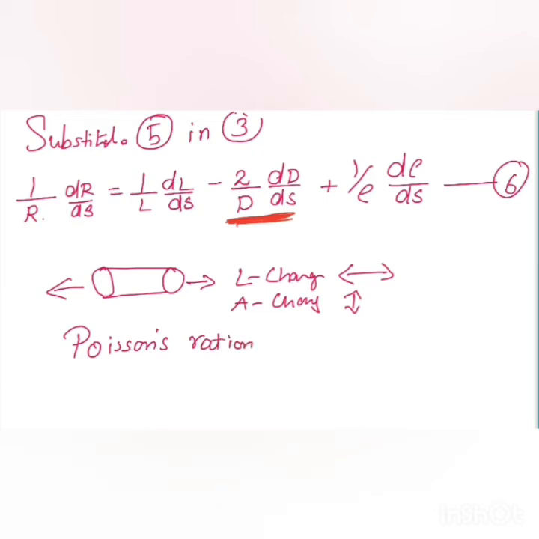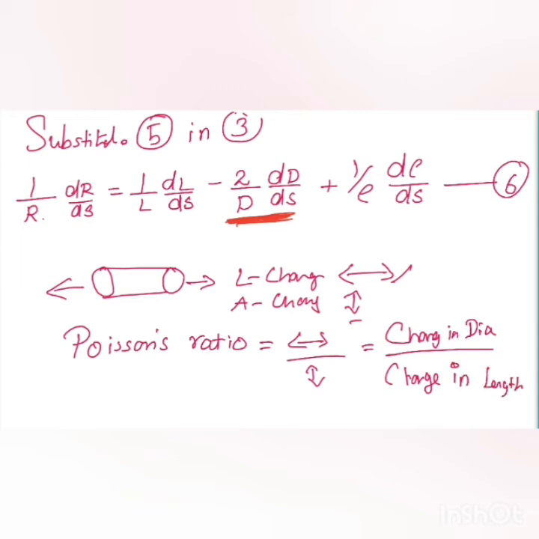Poisson's ratio is this divided by this, that is change in the diameter divided by change in length. You can say this by this in symbol, or you can say change in dia divided by change in length, right?